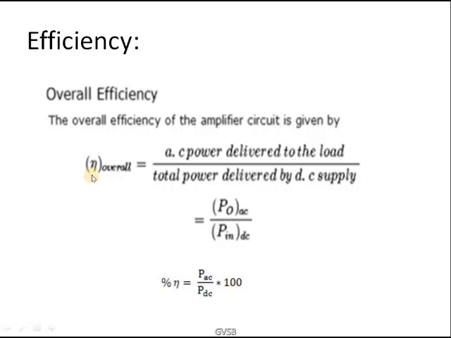This efficiency has the notation eta and it is always expressed in percentage. So eta percentage is equal to PAC divided by PDC into 100. So in order to get the efficiency of our amplifier circuit, we should know the values of AC power and DC power.